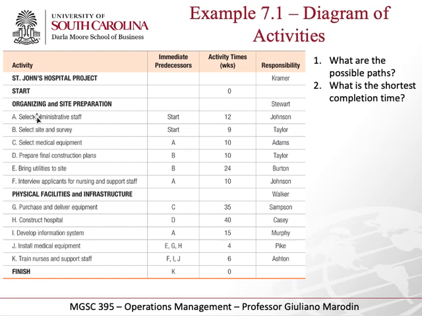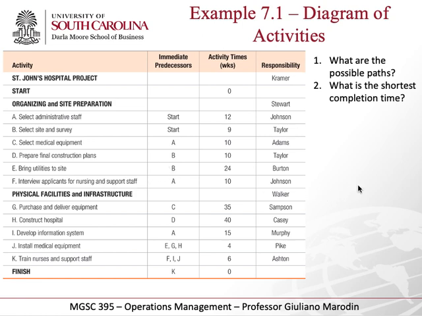So this is our first one here, right? The second one you can also start right away, but it will take 9 weeks. And for you to start C, which is select medical equipment, we need to select admin staff first, right? That's the predecessor. Sorry, we need to do B. To do E, we need to do B first, and to do F, we need to do A, right?